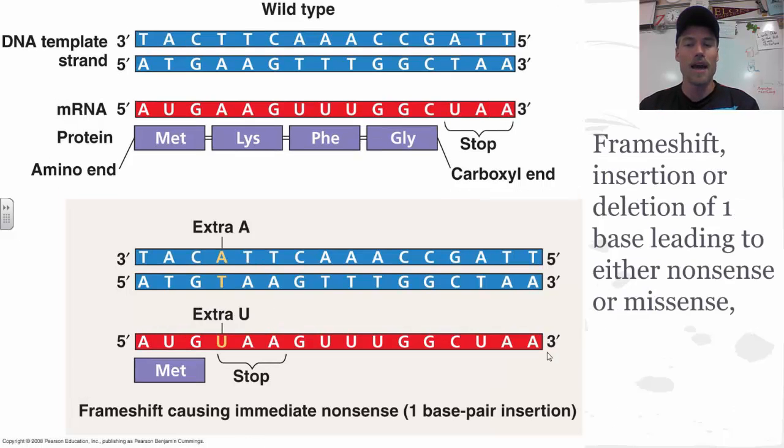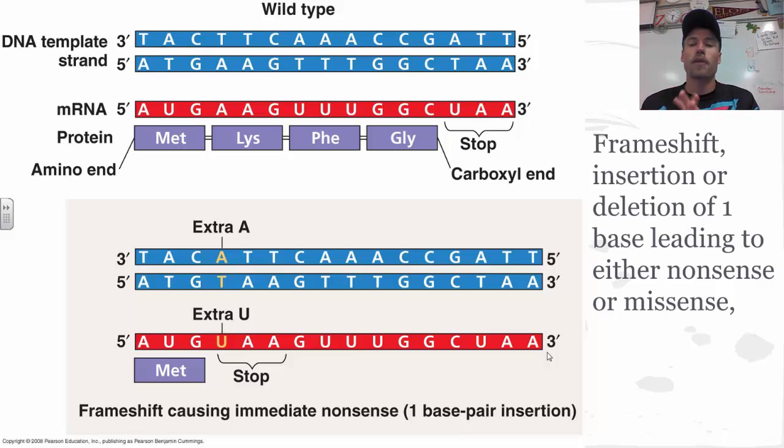We can also have a frame shift mutation. Here is where one base is either inserted or deleted. And what happens is that the reading frame gets shifted over. So remember, the reading frame is every three nucleotides after the start codon.